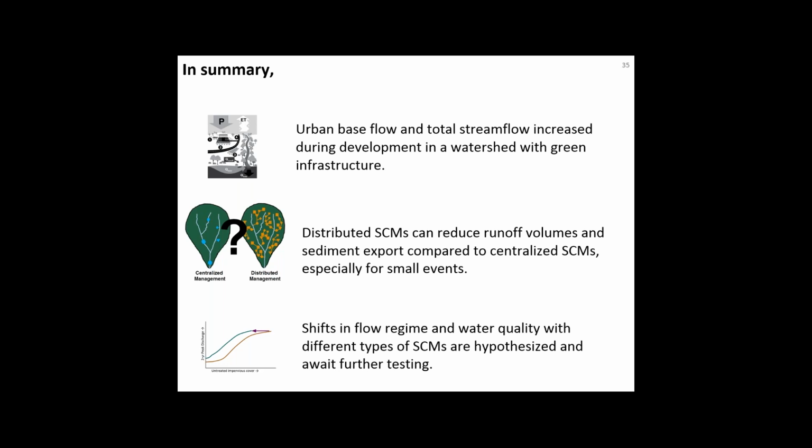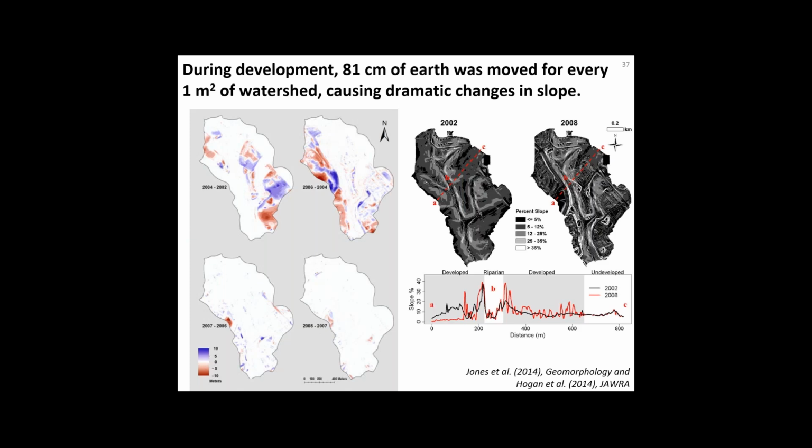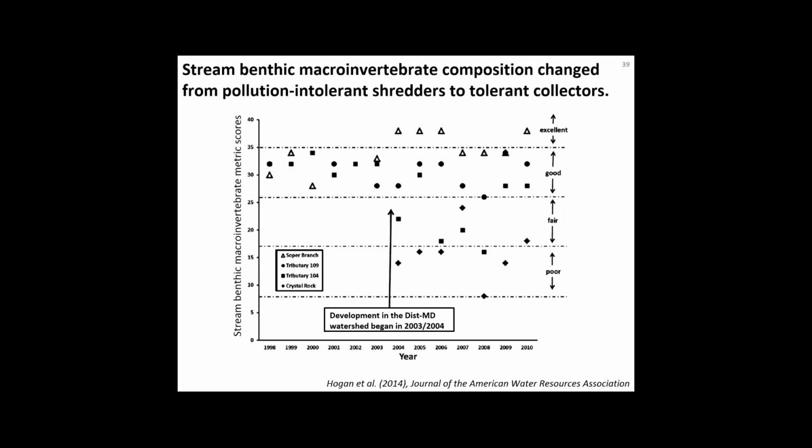Yeah, so we do have some information about stream health in these watersheds. Do we have a slide on that, Aditi, at the end maybe? Okay, so here's stream IBI scores for these three watersheds. Sorry, it's in black and white, it's kind of hard to see. The forested watershed is the triangles in this figure, showing relatively good stream health.